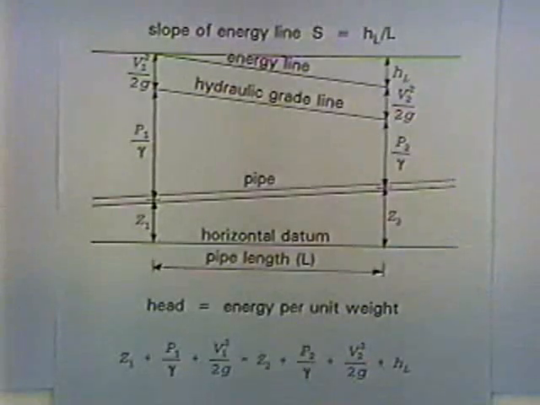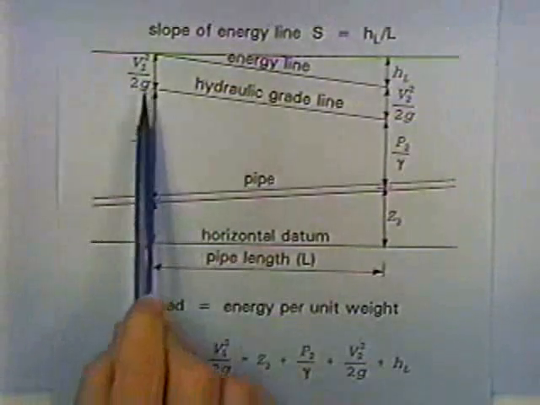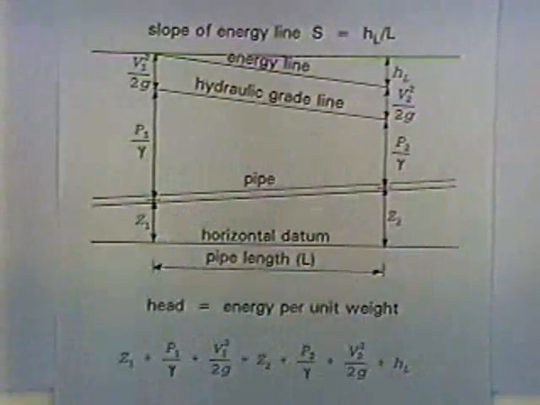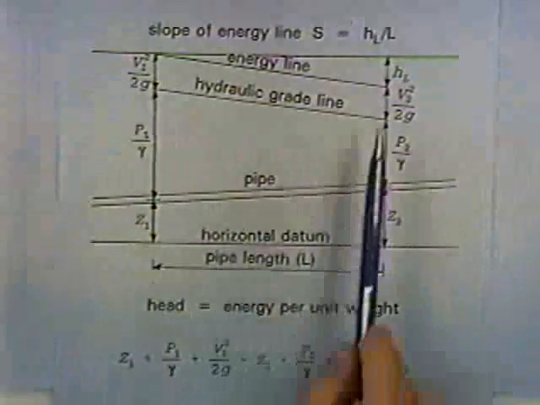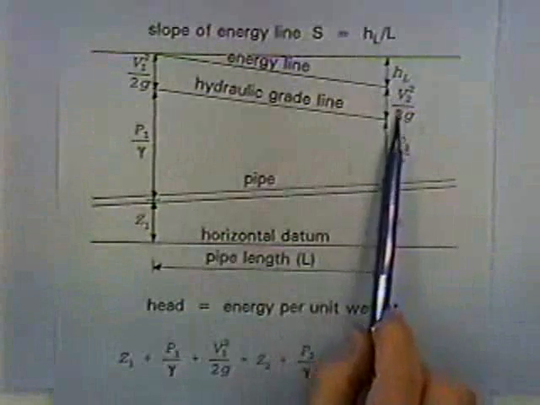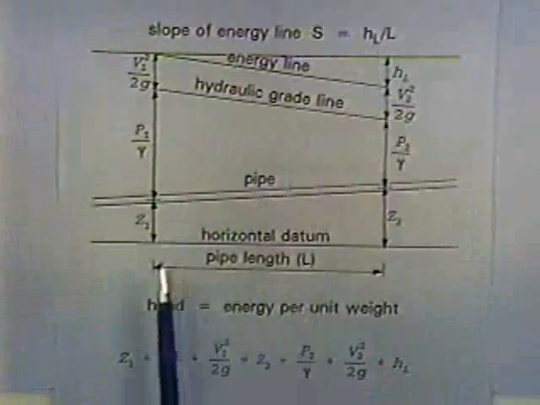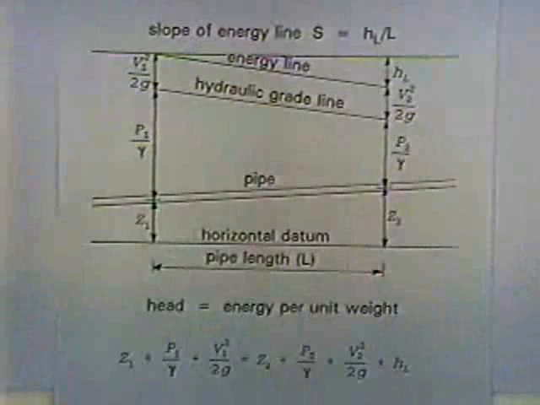So if you've got the elevation plus pressure head, potential energy head at any location, and at all locations along the pipe, that's your hydraulic grade line. Now you take your hydraulic grade, add the velocity head to that, and you've got the energy line. And of course it's sloping because of the head loss. And so the slope of the energy line is just the head loss divided by the length of pipe over which that head loss is occurring.